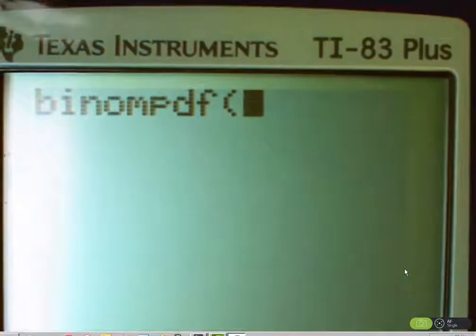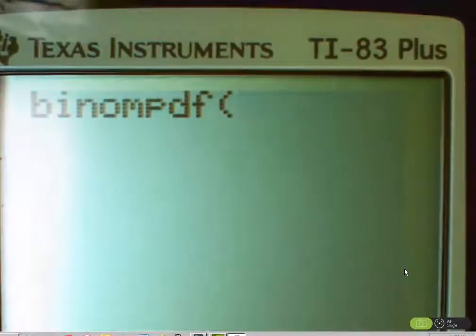On the operating system that's on my calculator, when I choose binomial PDF, it immediately goes to a blank screen, opens a parenthesis, and waits on me to enter 3 values.